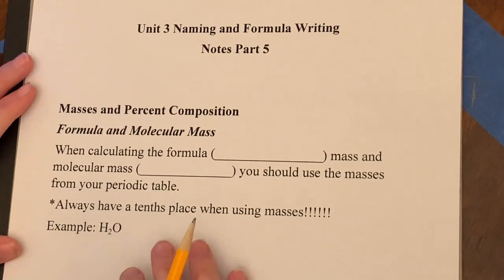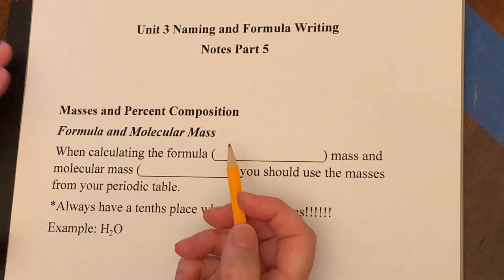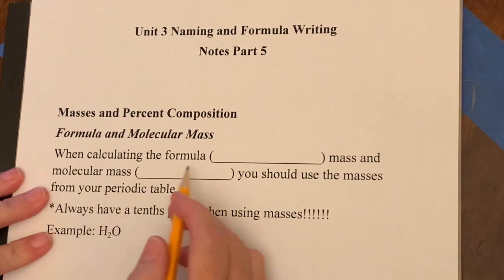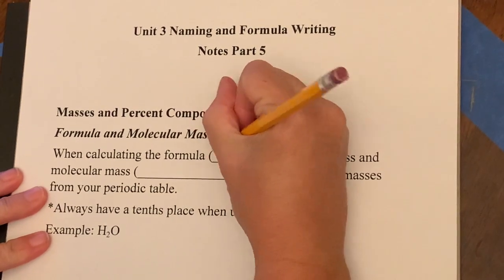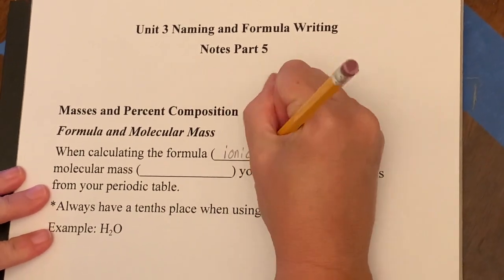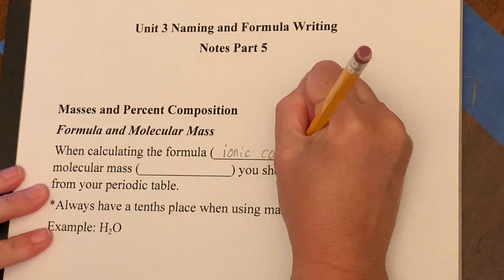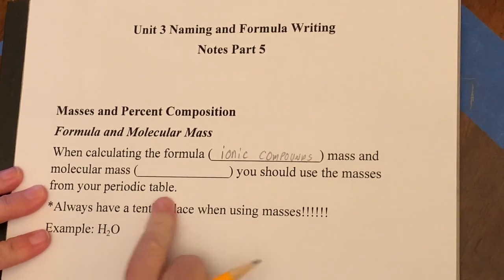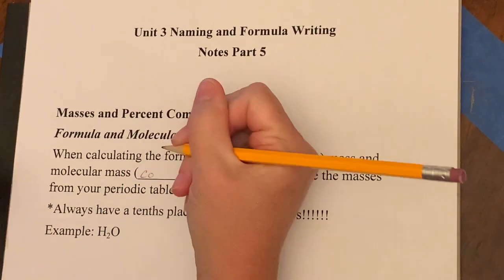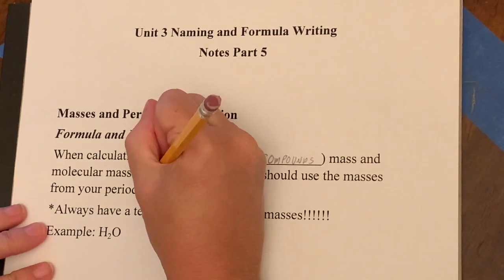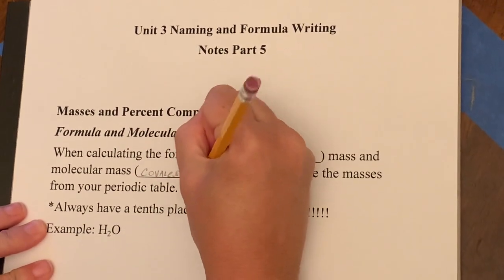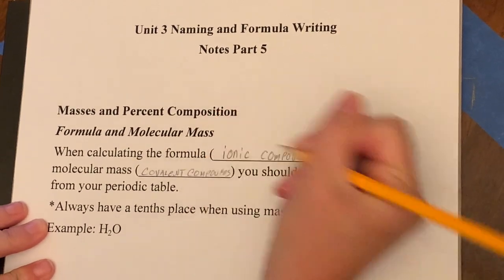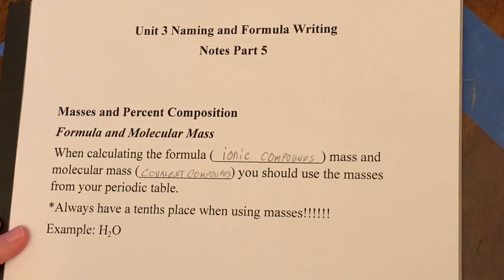All right, so first up we want to talk about what's known as formula or molecular mass. When calculating the formula mass, and we use the term formula mass technically for ionic compounds, or molecular masses, because molecules are technically covalent compounds, we're going to be using the average atomic masses from your periodic table.